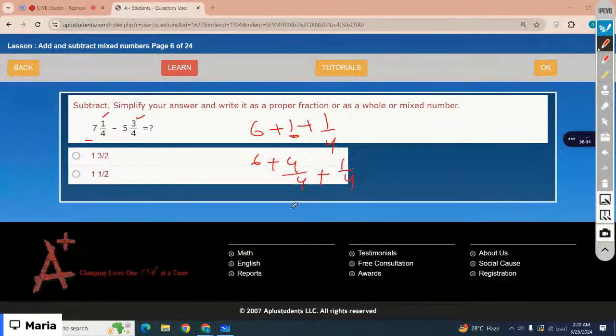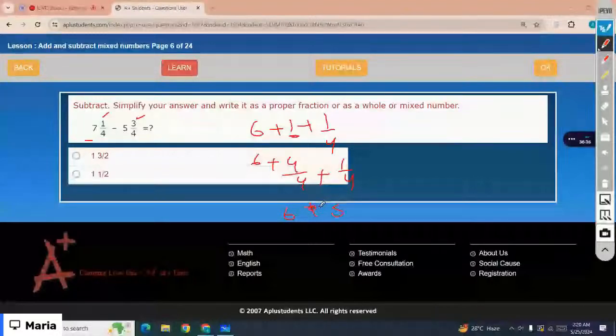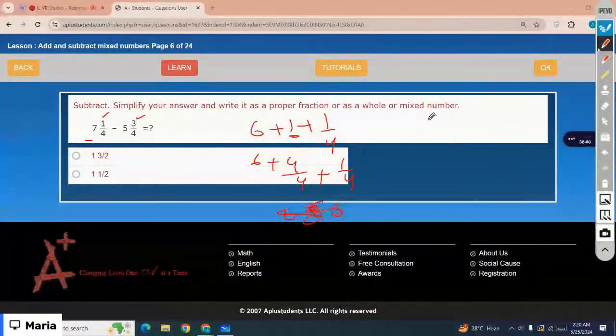So that is 6 whole 5 over 4 minus 5 whole 3 over 4. So 6 minus 5 is 1. 5 minus 3 is 2 over 4. So you can divide them by 2. So that is 1 whole 1 over 4. The correct option is 1 whole 1 over 4.